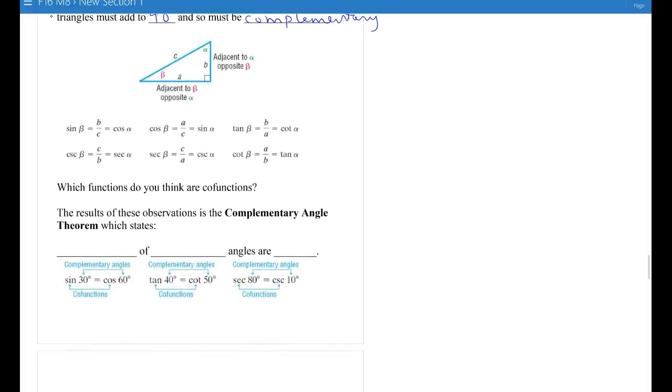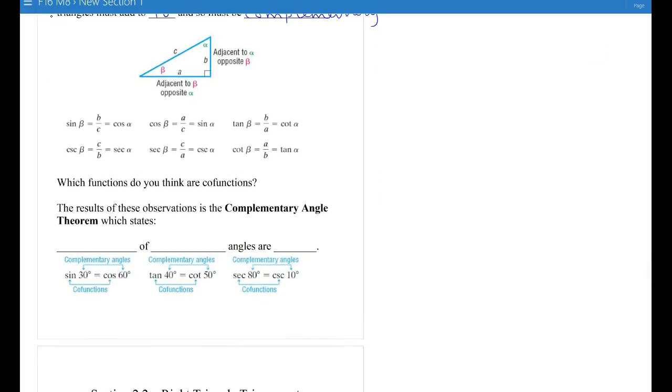So let's look at a triangle and notice some relationships if I have this angle beta and this angle alpha, which must be complementary to each other. The sine of beta is the opposite, b over c. But if I look at it from alpha's point of view, that's adjacent over hypotenuse, which is the cosine of alpha. So look at all these relationships and notice that sine of beta is cosine of alpha.